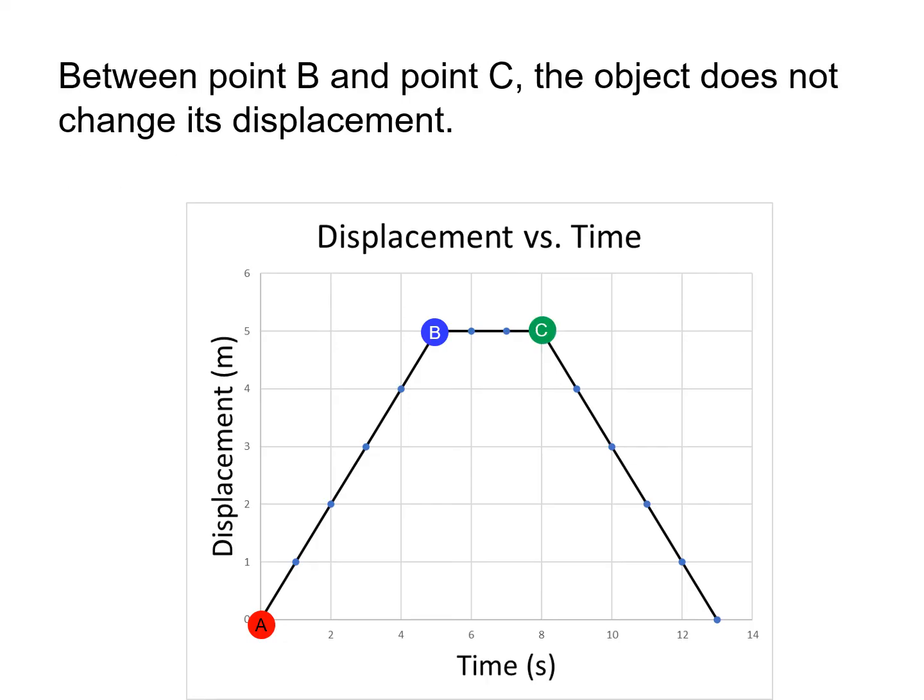Between point B and point C, the object does not change its displacement. It stays at 5 meters. So this would have a velocity of 0. It is not moving over time. Speed equals 0 or velocity equals 0.